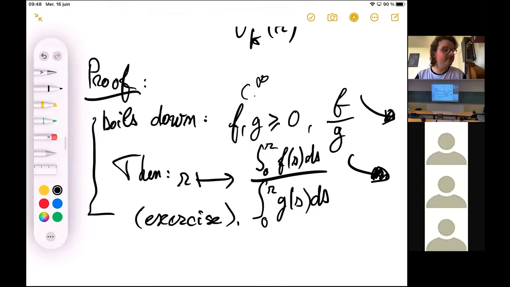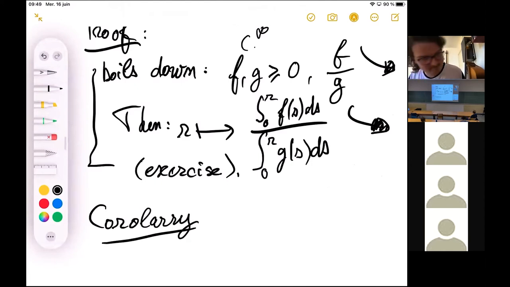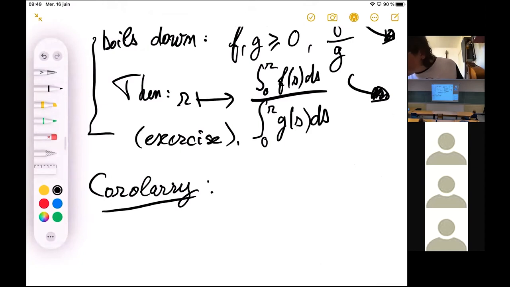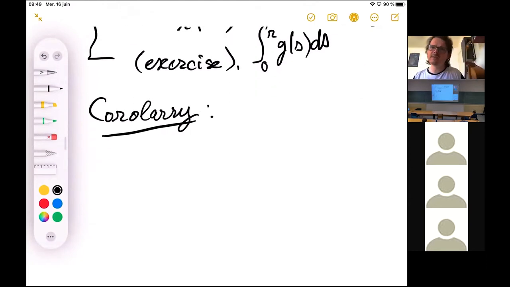Okay, and now how does it give a corollary? I'm not sure what the statement of the corollary is anymore, so let me prove it and then I'll give you the statement.